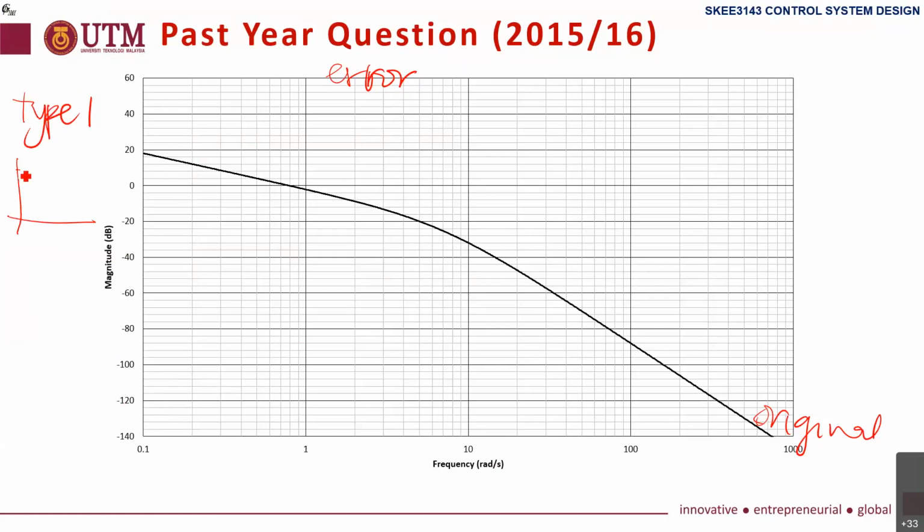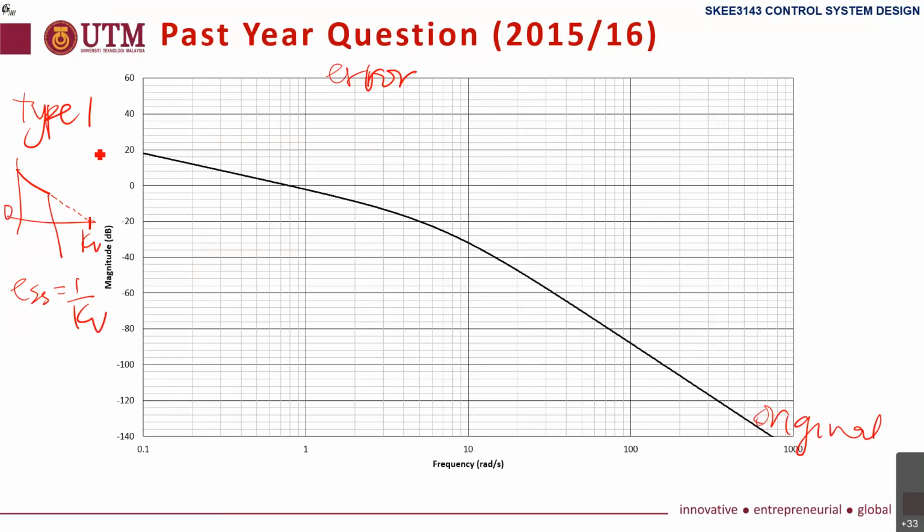We start with a slope of minus 20 dB per decade. So how to get the error is by making a straight line to here, to 0 dB. Then here is Kv, and the error is 1 over Kv.